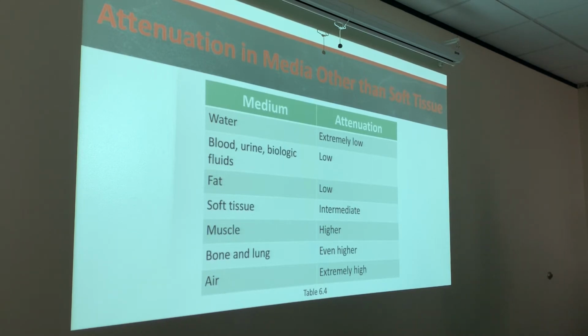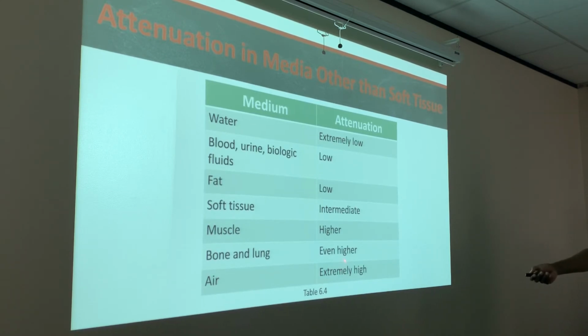Bone and lung are even higher. What's the meaning of even higher? They're the same. They have a high attenuation rate. They're comparing these from water all the way to air, going from low attenuation to high attenuation.